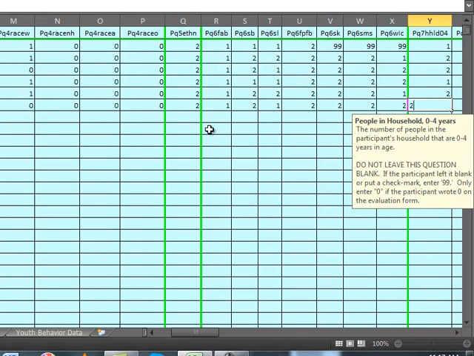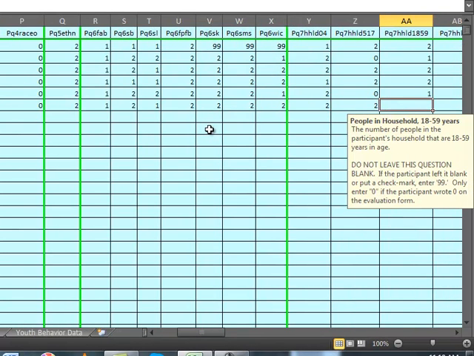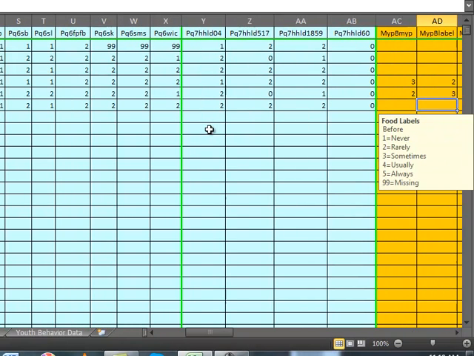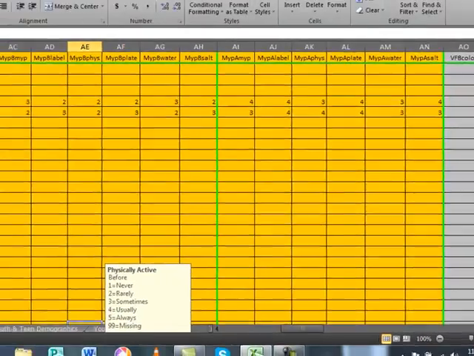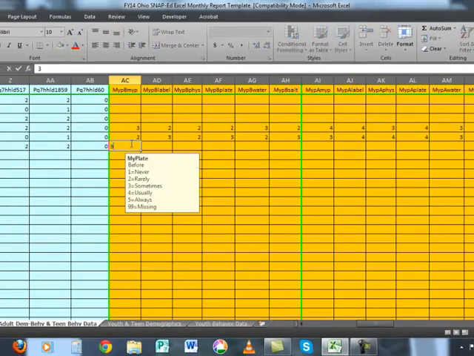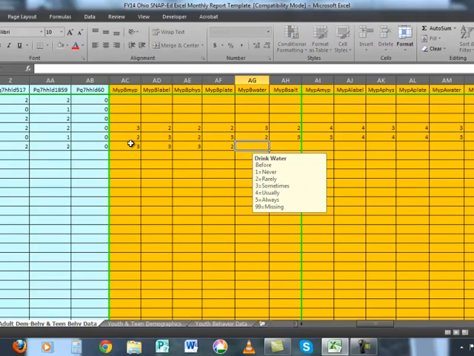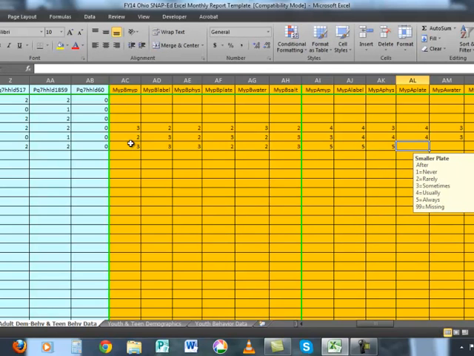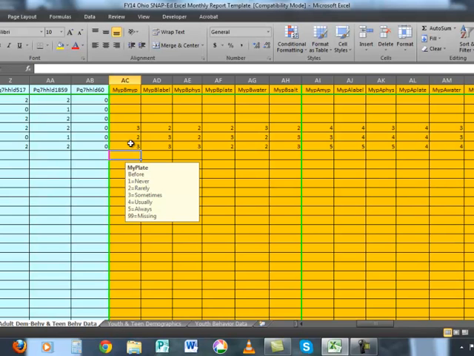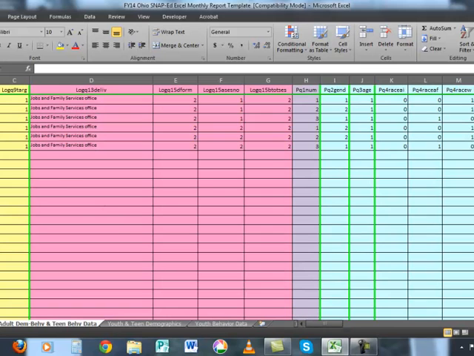She has 2 children 0 to 4, 2 5 to 17, and there are 2 adults 18 to 59. And flipping back over to the front page, her retrospective data show 3, 3, 3, 2, 2, and 3, and then 5, 5, 5, 4, 4, 5. So now I've completed the data entry for this adult series with Jobs and Family Services.